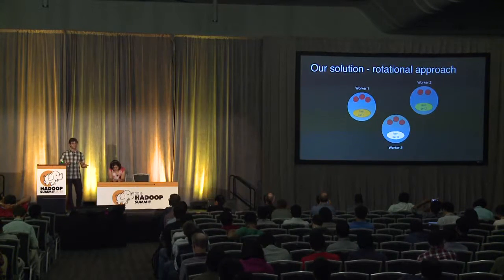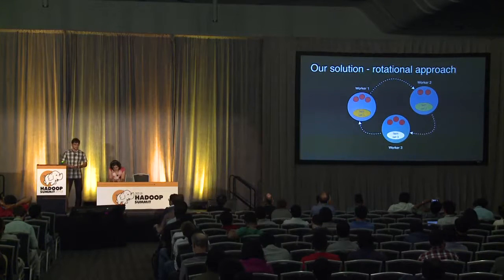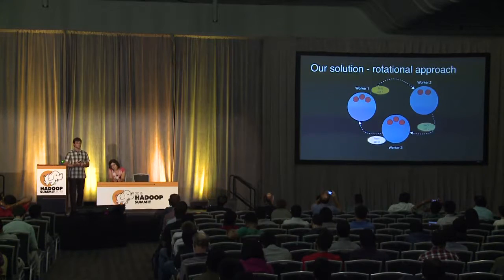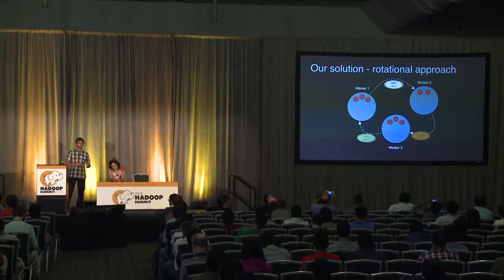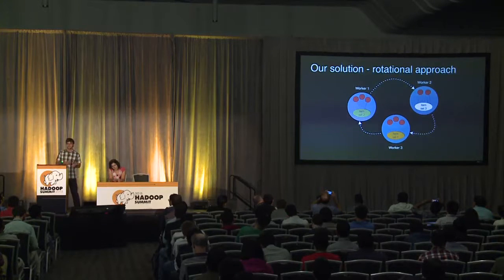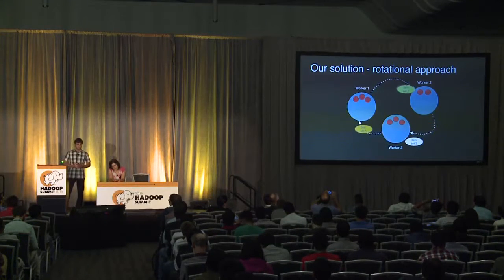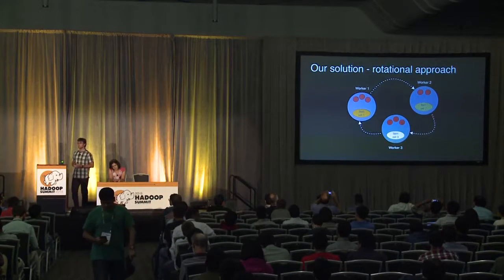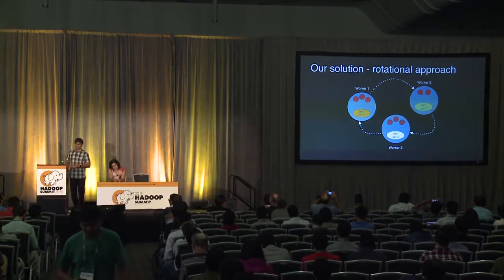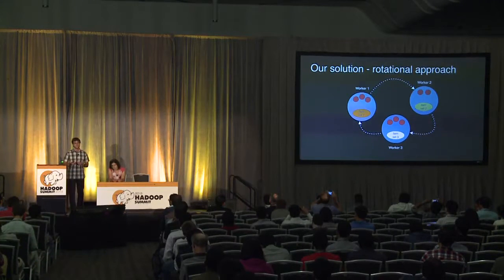To solve this problem, we simply put all workers in a circle, and in every superstep, every worker processes just the items that it currently contains. In the next superstep, we rotate the items in the clockwise direction by sending worker-to-worker messages. Obviously, after a number of iterations equal to the number of workers, all workers will have gotten all items at some point of time.